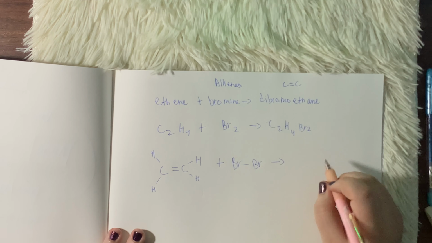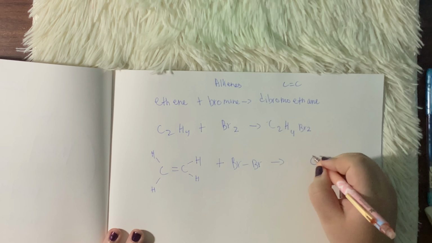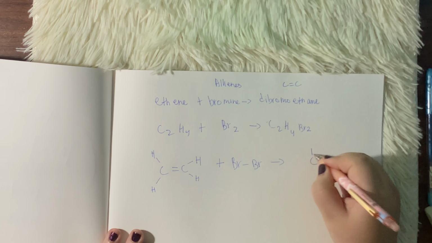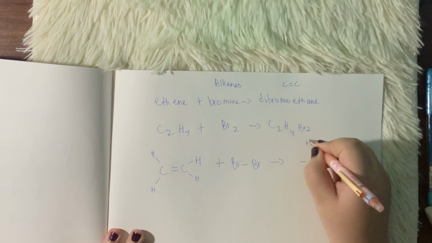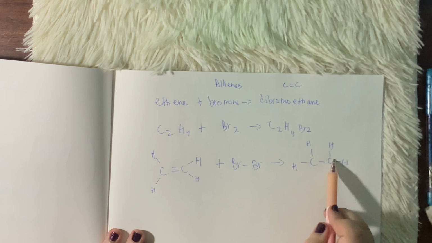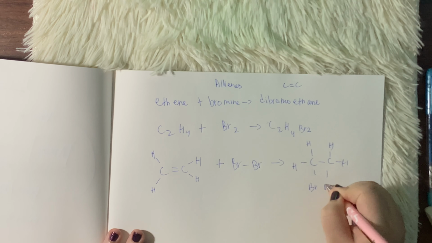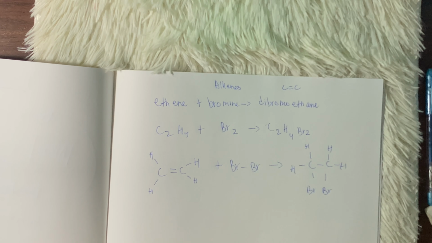It gives us 2 carbon, then 4 hydrogen, and 2 bromine. Just by remembering this equation, we can draw it. That's what happens in a bromine water test. That is it. That's all you need to remember.